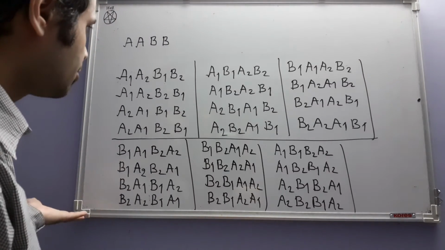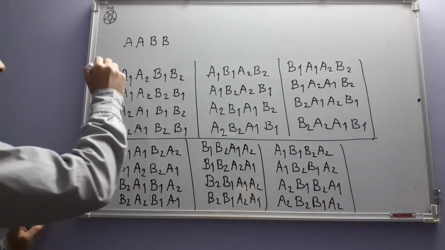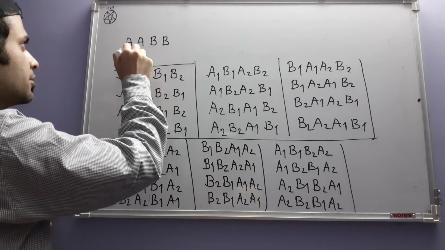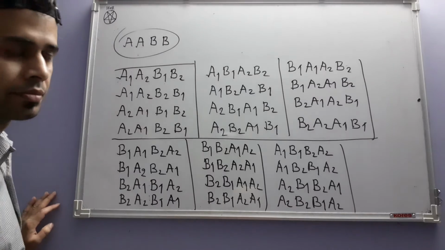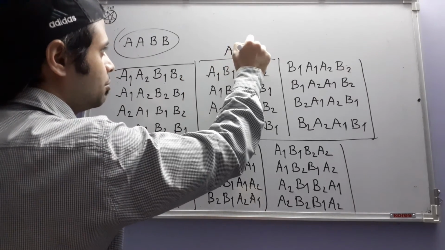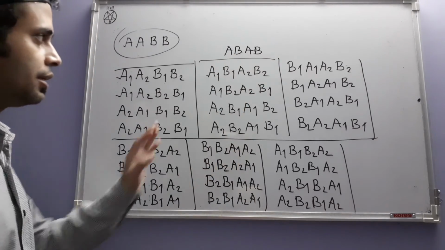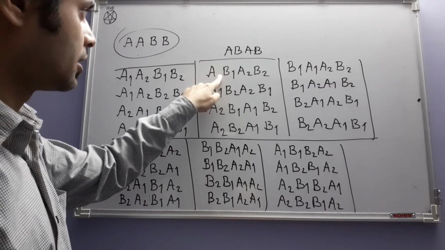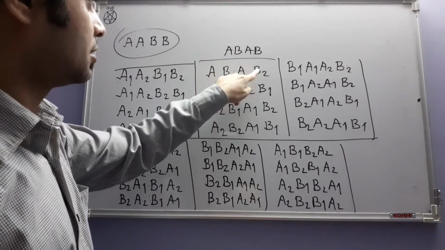But here we can also see that the first column is actually giving me only one permutation, which is this. The second column is giving me this, AB. These 4 distinct ABs are actually not distinct if we do not consider the suffixes.